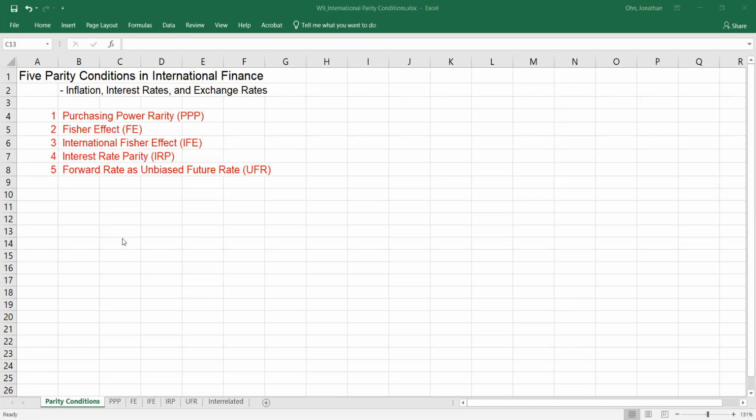And then for 5, we have forward rate as unbiased predictor of the future spot rate. Actually, this should be purchasing power parity. All right, so we will cover this one.